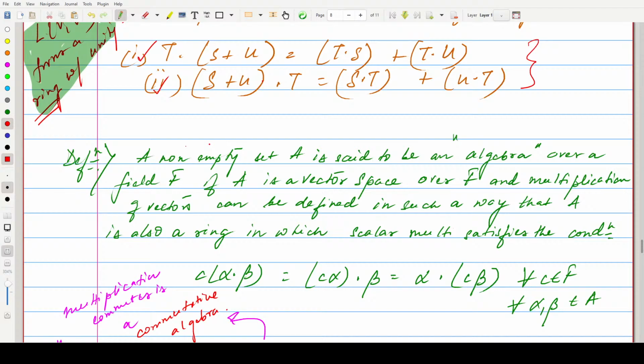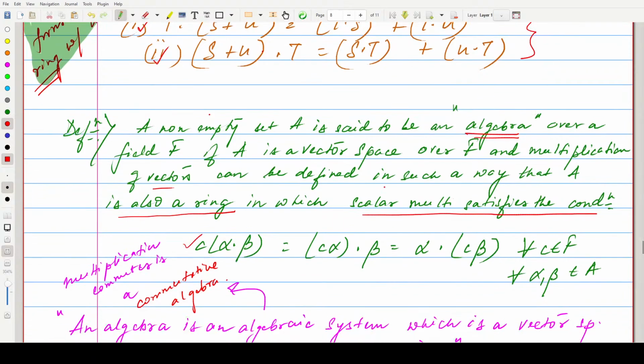A non-empty set A is said to be an algebra over a field F if A is a vector space over F and multiplication of vectors can be done in such a way that A is also a ring in which scalar multiplication satisfies the condition.